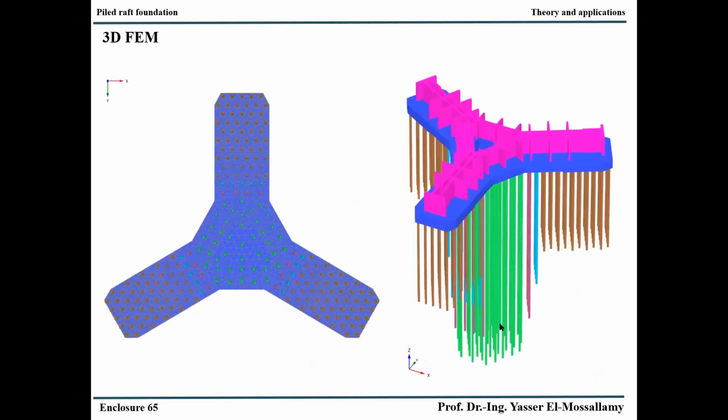And you see that we also used the idea that we developed in Frankfurt for the Messeturm, that the piles below the center of the building are very long. Then we make the piles shorter under the wings so that we can accommodate the effect of load concentration at the edges.